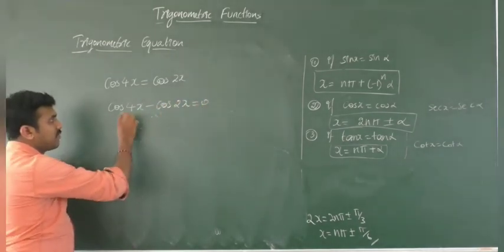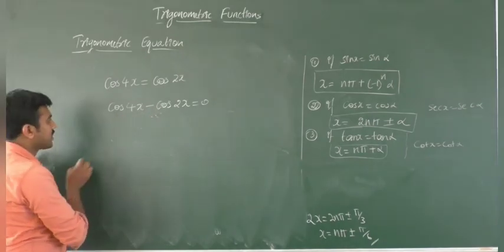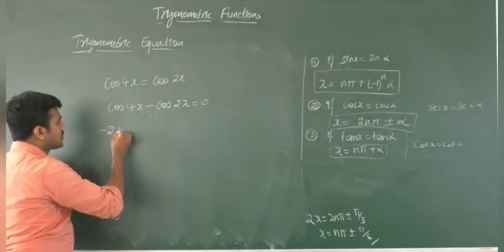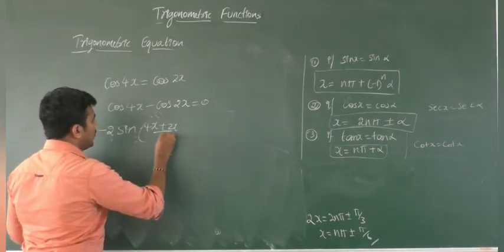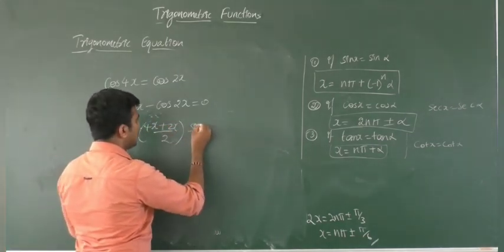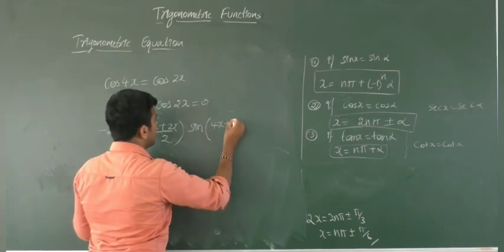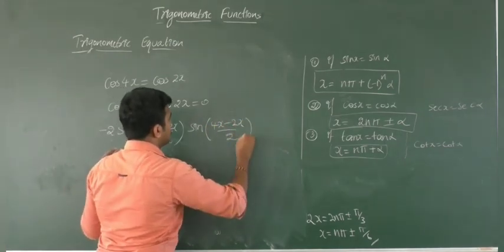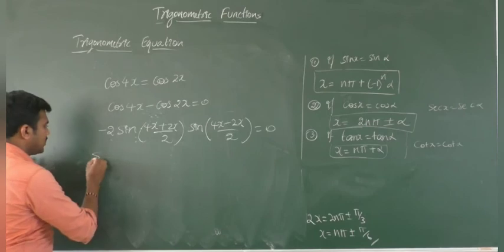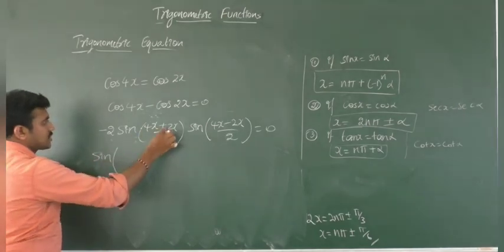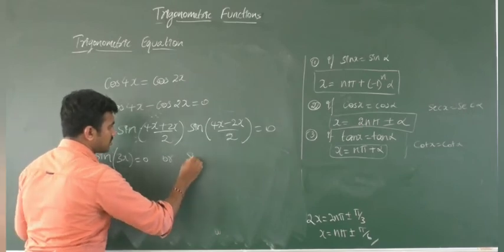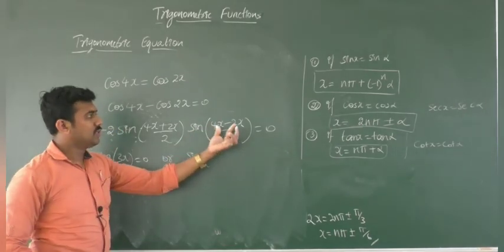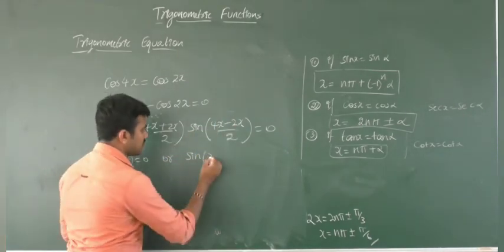It is in the form cos a minus cos b. Here we can write this as minus 2 sin a plus b by 2 into sin a minus b by 2. So either sin 6x by 2, that is sin 3x, is equal to 0, or sin 2x by 2, that is sin x, is equal to 0.